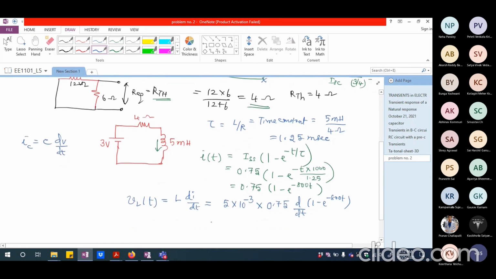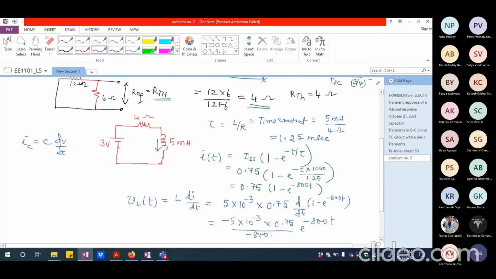So I have 5 multiplied by 10 power minus 3 multiplied by 0.75, with a negative sign and minus 800 also, multiplied by e power minus 800t.